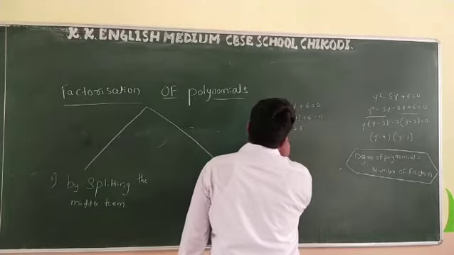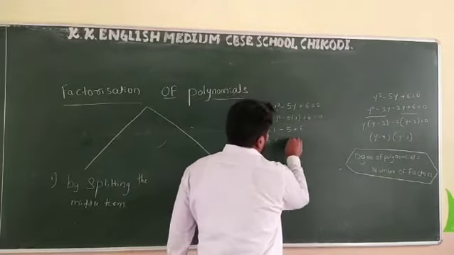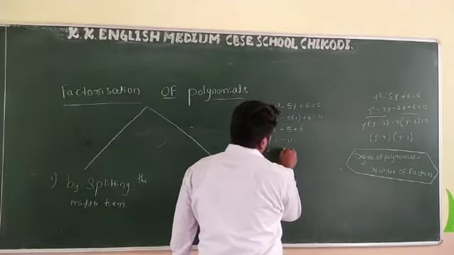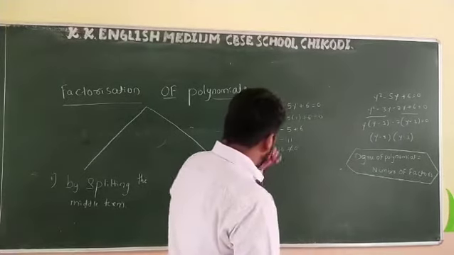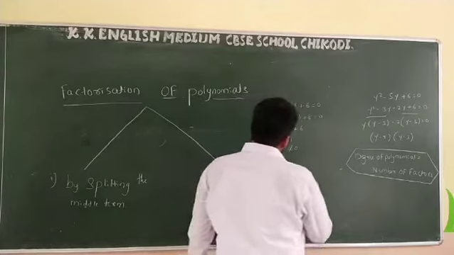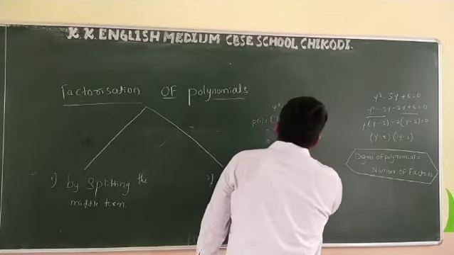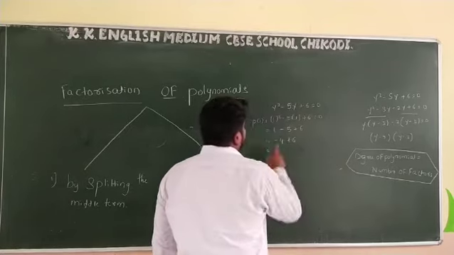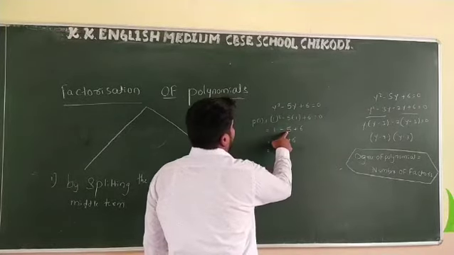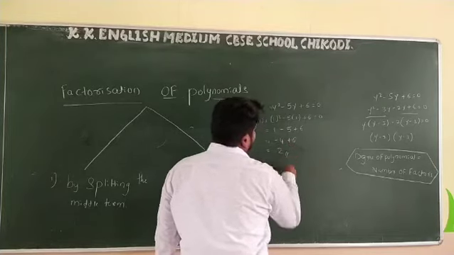See here, 1 minus 5 plus 6... six plus five is again 11. So if you go with this one, minus 5 plus 1, that is minus 4. Minus 4 plus 6 is plus 2.